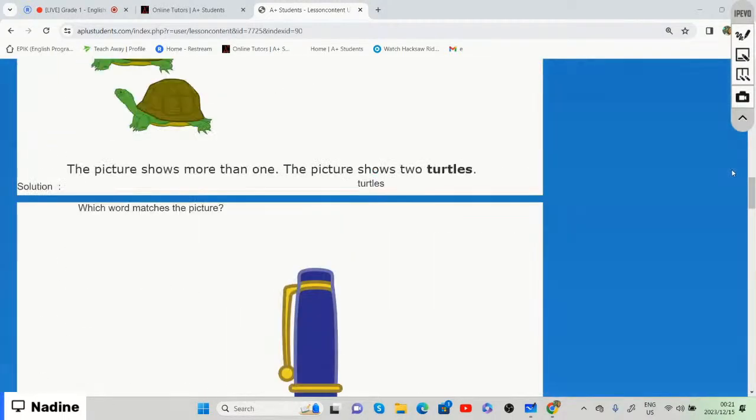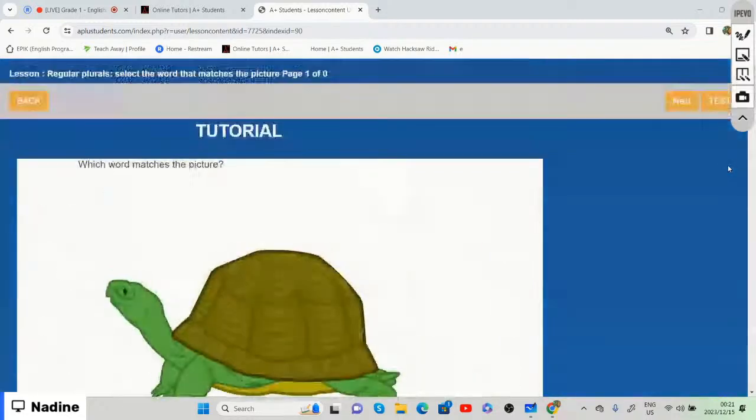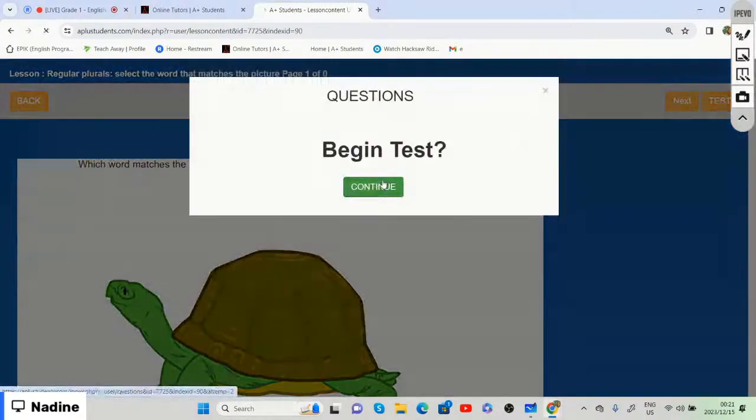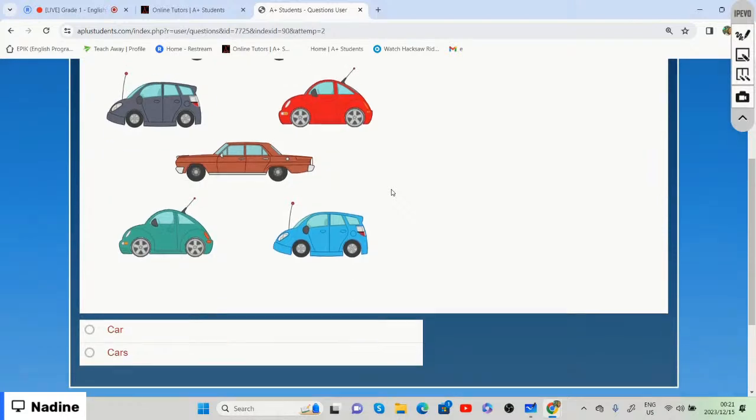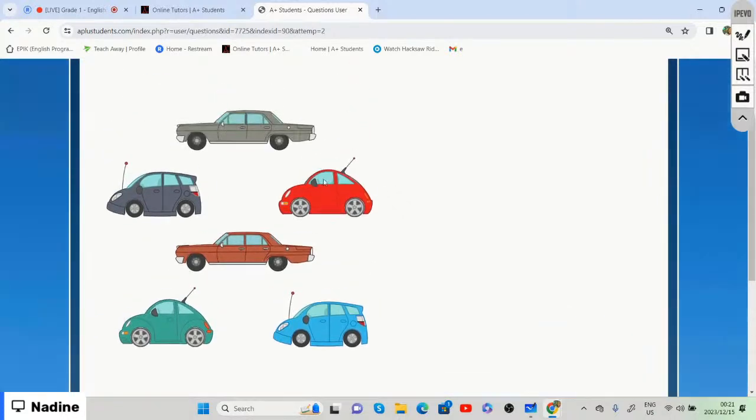All right, let's go to our test. Let's do a test. And bags are correct. Well done. So now we're going to match the pictures with specific words. Which word matches the picture? There we have one, two, three, four, five, six.